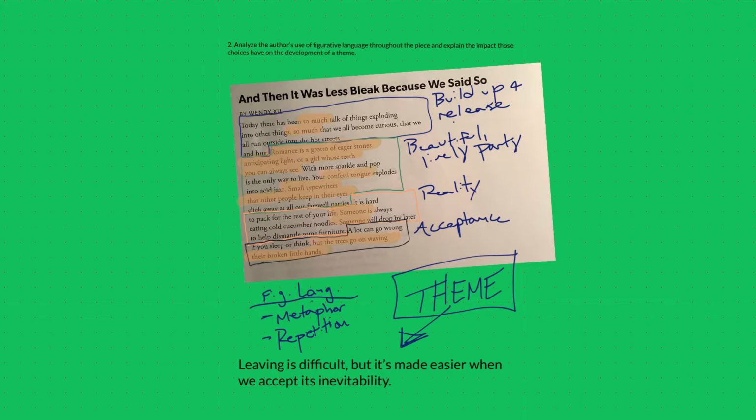So this is a poem about the anticipation of moving and leaving a place and going somewhere new, and how that feels, and the fear that comes with that, but also more so the idea that if you think about it and talk about it and just give in to the reality and the inevitability of it, it makes it a little bit easier, because it's going to happen one way or the other.